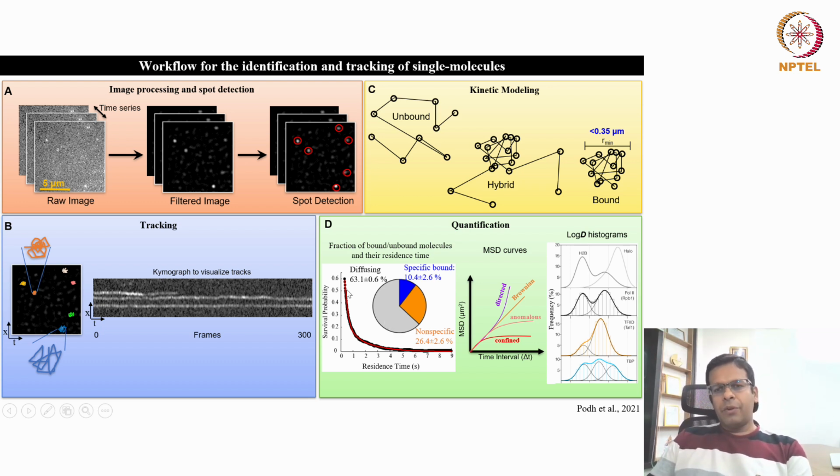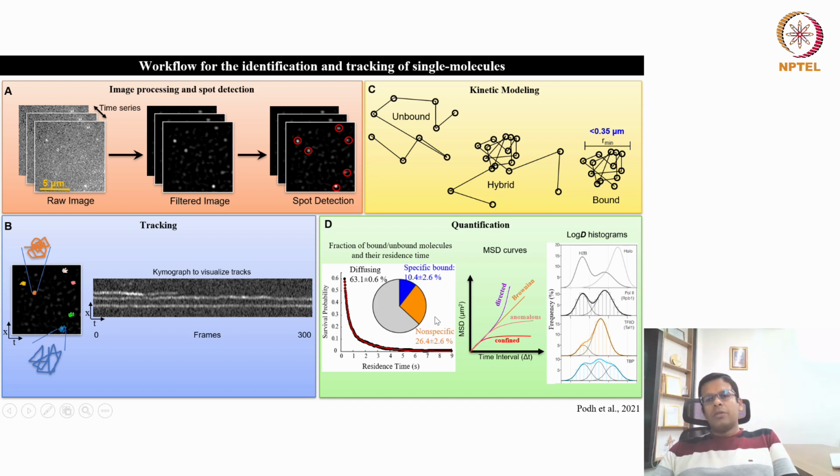From this you can see whether the survival probability distribution fits well with a double exponential decay curve. That indicates there are two types of bound molecules. The blue fraction is the specifically bound molecules, which are actually at the target site, and the orange fraction represents the non-specifically bound molecules.